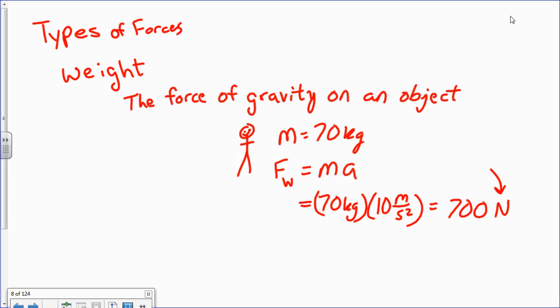The unit for weight, or force, is the newton. Of course, after Isaac Newton. By the way, if you're a grammatical kind of person, whenever you're writing units, if it's named after a person, you always capitalize the abbreviation, but you don't capitalize the word when you write it out as a unit.